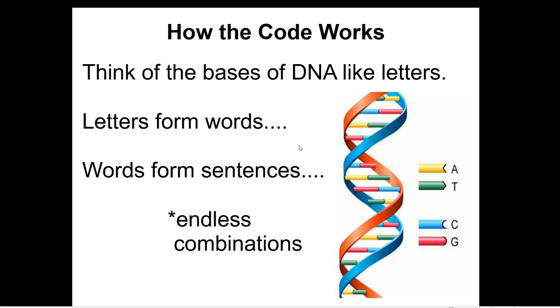If you change the letters around, you're going to change the words, which is going to change the entire sentence. So it's like these bases form our genes, which are words, which then form our entire traits, which are the sentences. As we combine them differently, we can get completely different traits or combinations, okay?